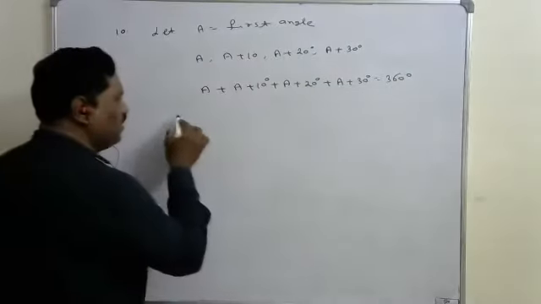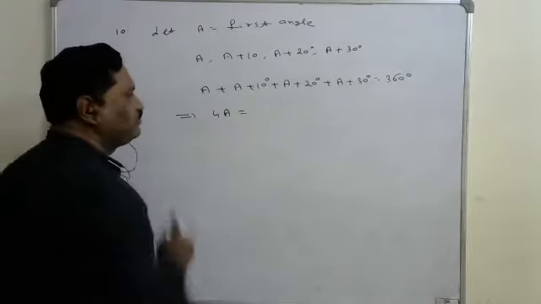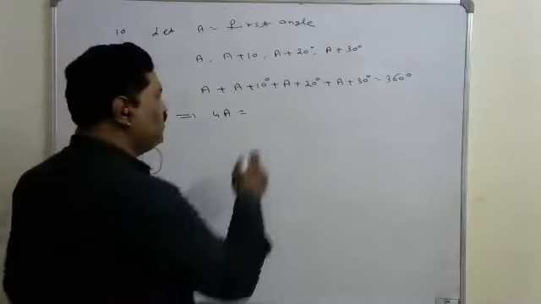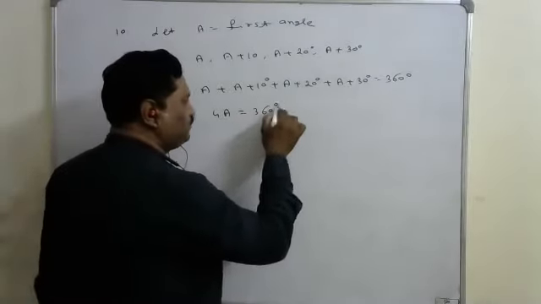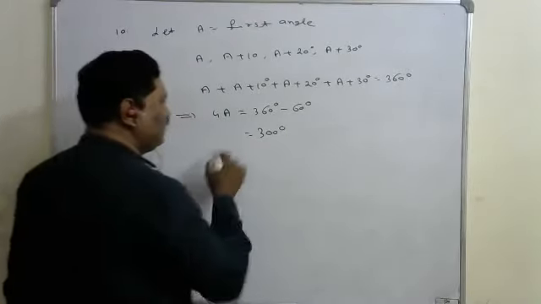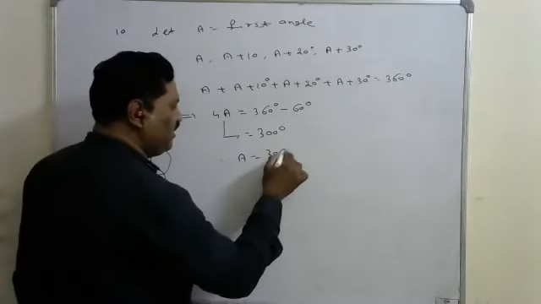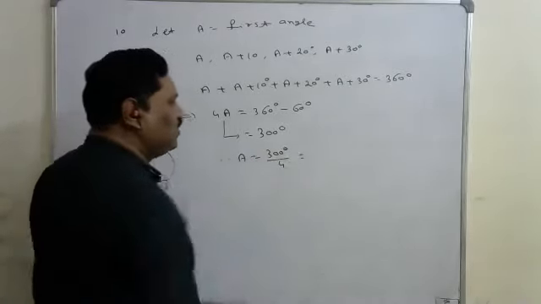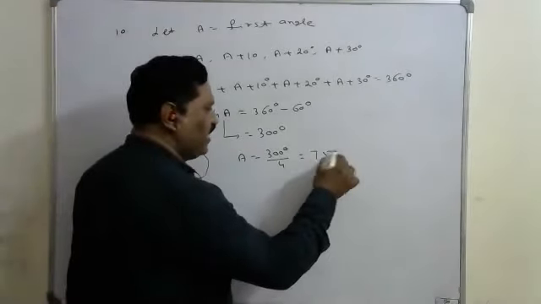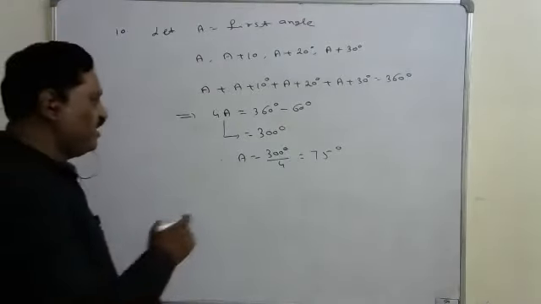So that implies 4A plus 10 plus 20, 30, plus 30, 60, is equal to 360. 360 minus 60 is how much? 300 degrees. This is 4A. Therefore, A is equal to 300 degrees upon 4. How much is it? 75 degrees. So the first angle of the quadrilateral is 75 degrees.